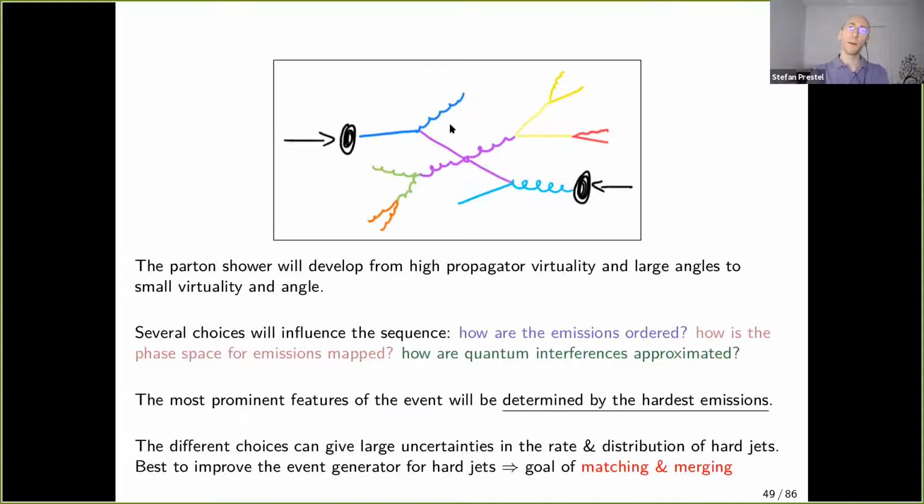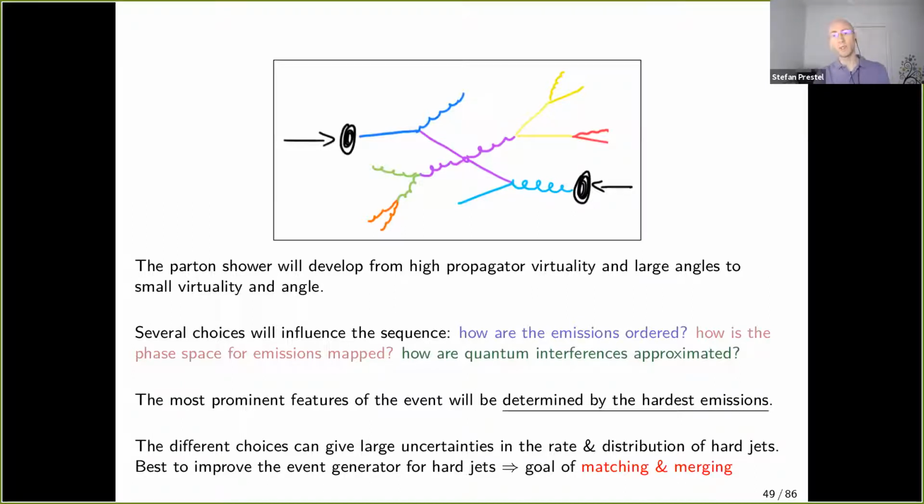Then what will happen is that these particles will branch, producing a lower energy particle in the final state and maybe in the initial state. And these decay products might branch further, or the initial scattering particles might branch further and further. There are several choices that will influence how this sequence is mapped.